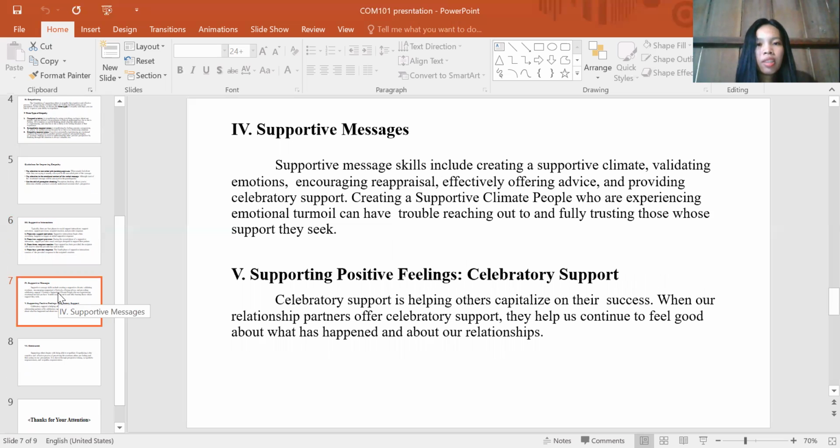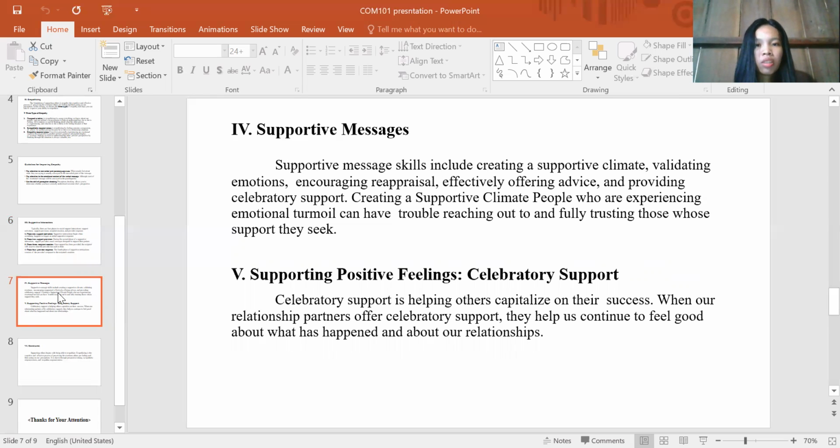Next slide is part number 4, supportive messages. Supportive message skills include creating a supportive climate, validating emotion, encouraging reappraisal, effectively offering advice, and providing celebratory support.